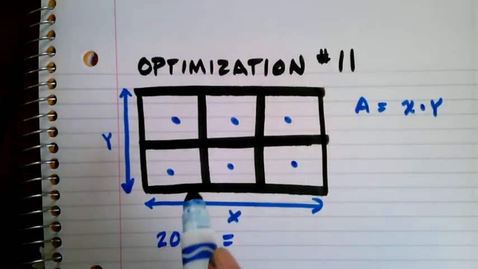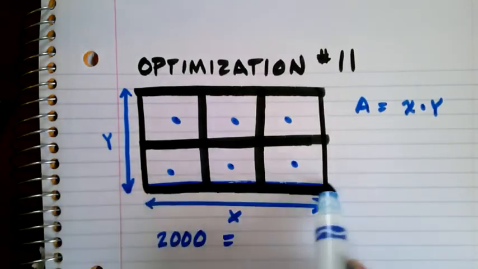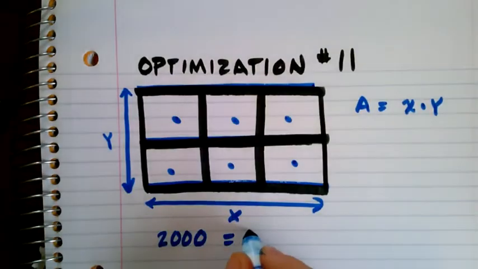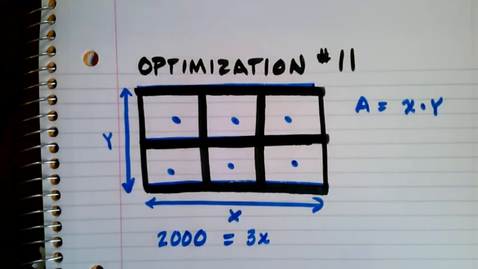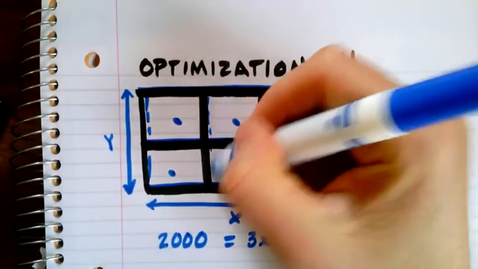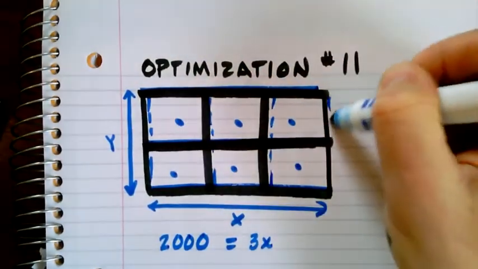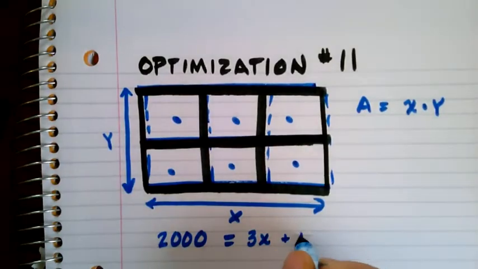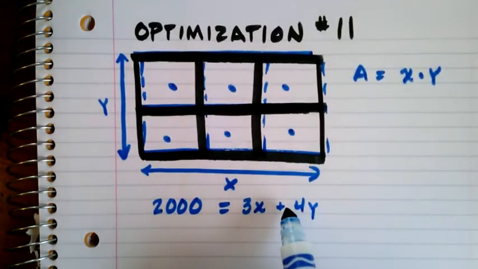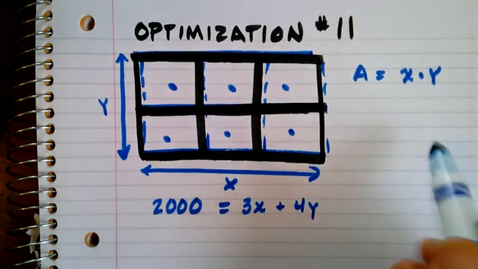Now I count that there are 1, 2, 3 of the x fence lengths. But for the y, there's 1, a 2, a 3, a 4. So there's 4 of those. What we want to do is take this equation, solve it for y, and then plug it in up here.